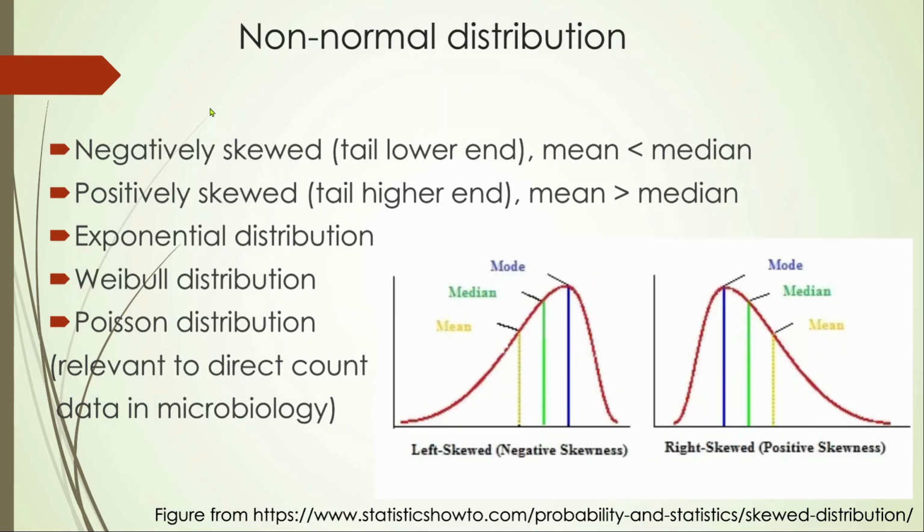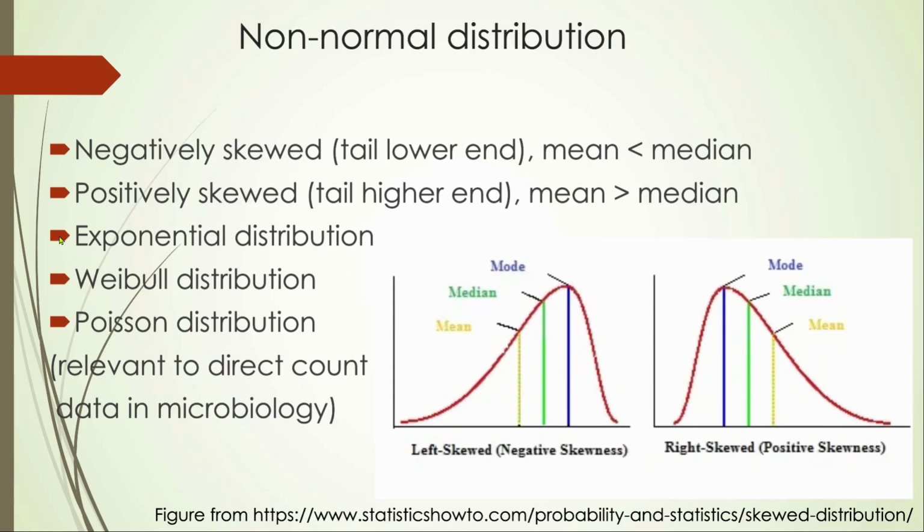Other than normal distribution, you have non-normal distribution, where you have negatively skewed data, where the mean is less than the median, and also positively skewed data, where the mean is more than the median.